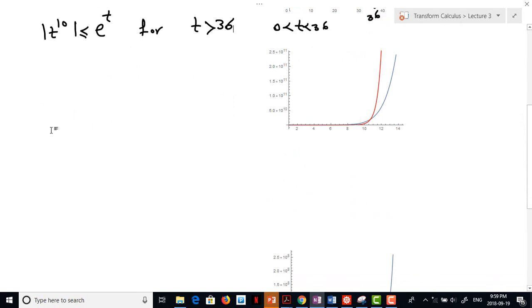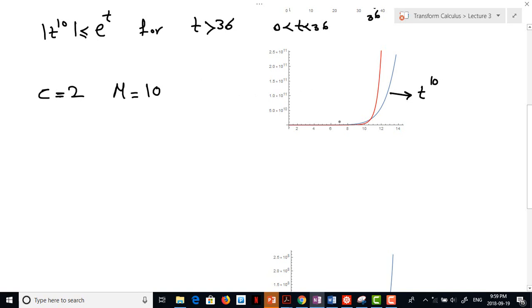For example, in this plot, the blue function again is t to the power of 10. Maybe you say I want to choose c equal to 2 and capital M equal to 10.